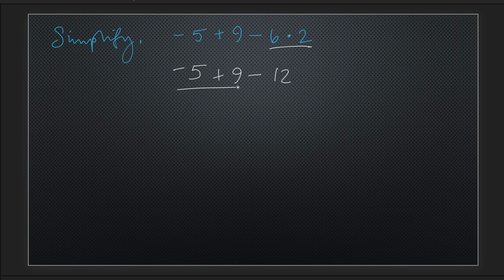And we have to do this first because it's from left to right. So -5 plus 9 is 4, minus 12. So that expression becomes this now, and 4 minus 12 becomes -8. So there's your answer. So your work should look like this. Write down the original problem, evaluate one thing at a time, show how the expression changes all the way down to the answer.